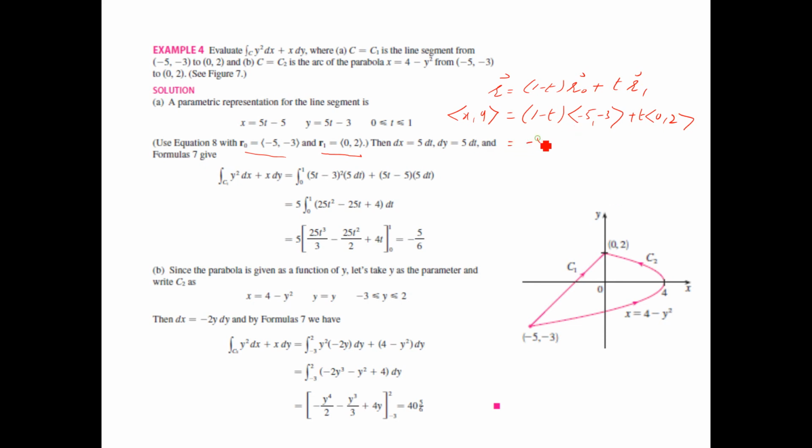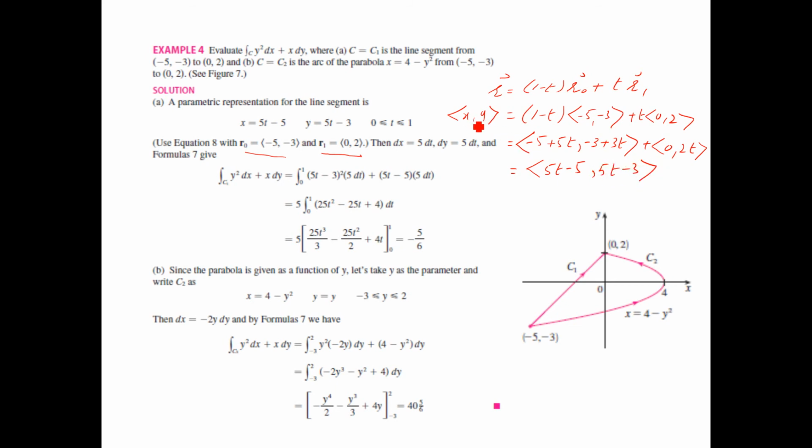We have (-5 plus 5t, -3 plus 3t) plus (0, 2t). This is the first vector. By adding both the vectors, we have 5t minus 5, and the y component is 5t minus 3.